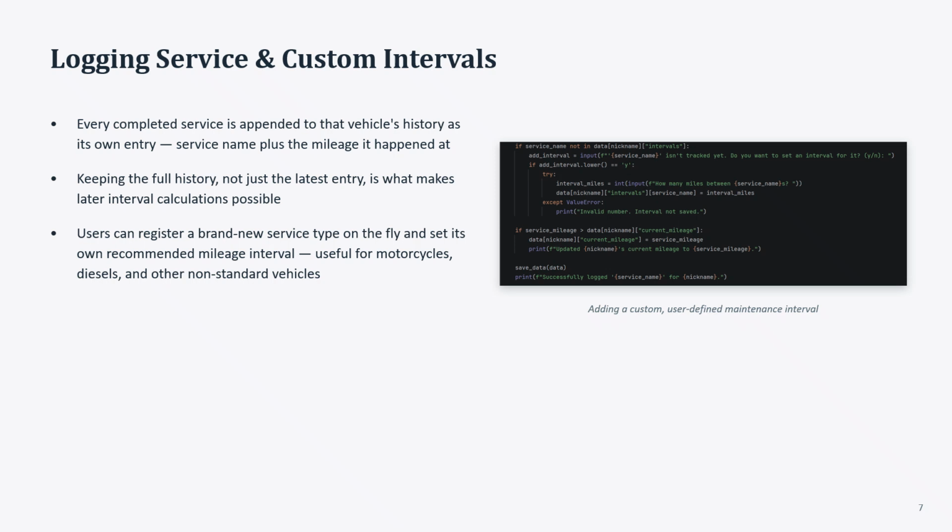So owning both cars, diesel trucks, motorcycles, other non-standard vehicles in your fleet with the standard vehicles means that the service intervals for them are not the same. Motorcycles need their oil and their tires changed sooner than cars, and vice versa. So being able to do this allows the program to be even more flexible than it would have been.